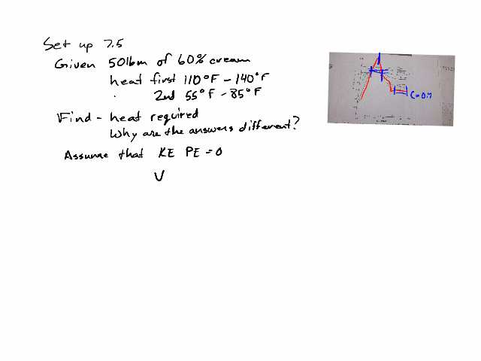Our V term is not changing, so V1 equals V2. That means our kinetic energy change is 0, and our pressure, as far as we know, is P1 equals P2. So our potential energy change is also equal to 0.